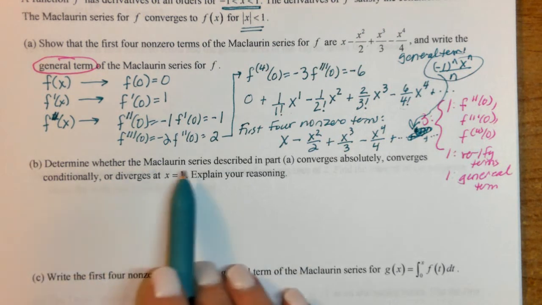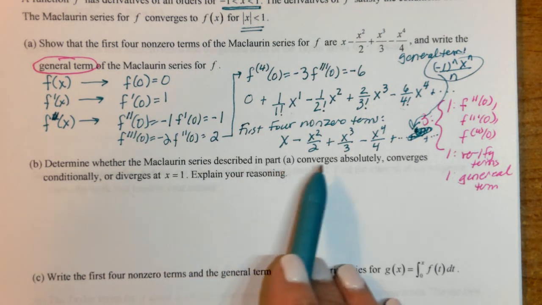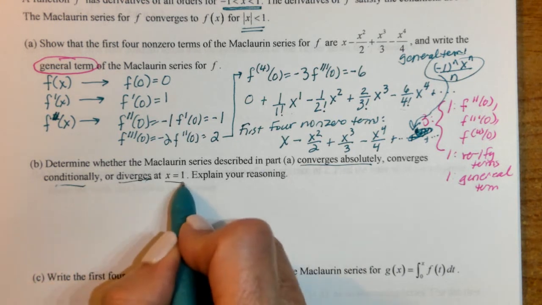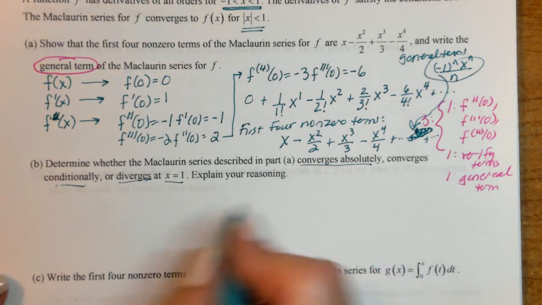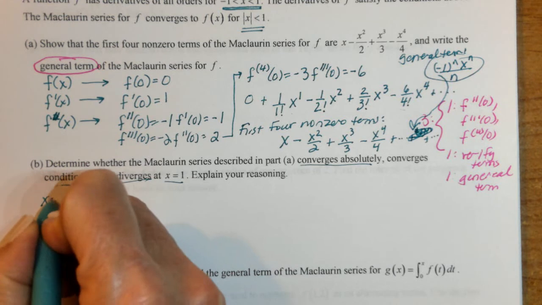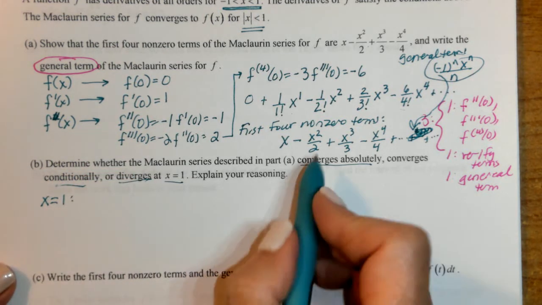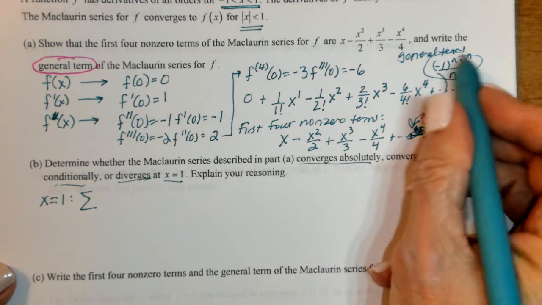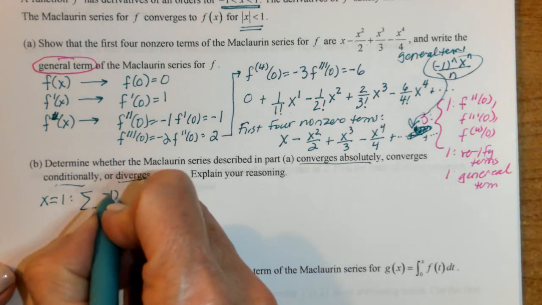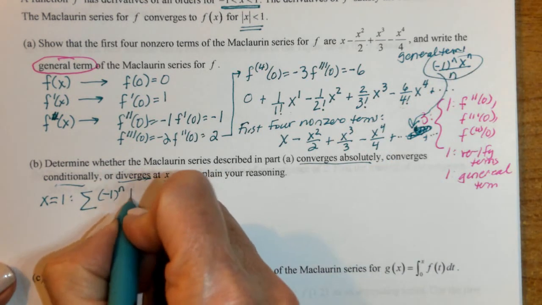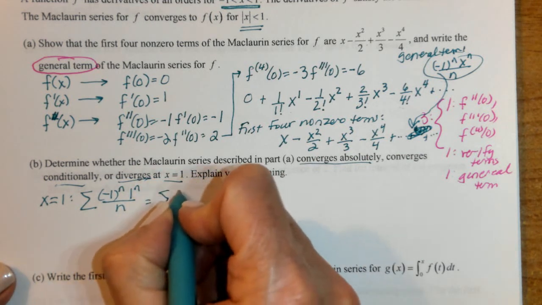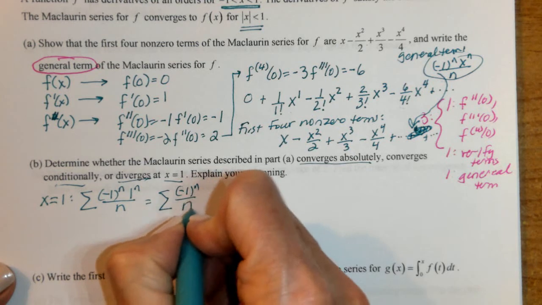Part B, determine whether the Maclaurin series in Part A converges absolutely, conditionally, or diverges at x equals 1. Okay, well at x equals 1, I will have the sum of this when x is 1. So negative 1 to the n, 1 to the n over n, which is the sum of negative 1 to the n over n.